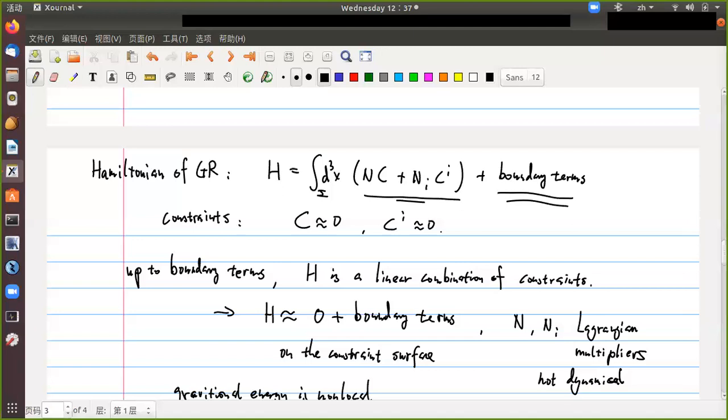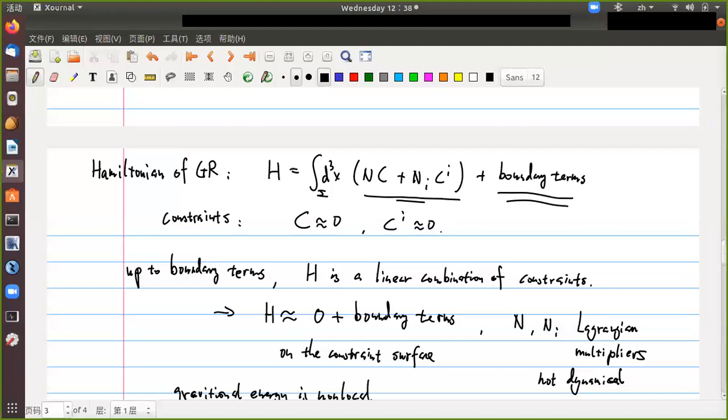The number one difference between gauge symmetry and ordinary symmetry is that gauge symmetry is infinite dimensional, while ordinary symmetry is finite dimensional. So here it is an infinite dimensional symmetry, all kinds of diffeomorphisms, in which time translation is a gauge symmetry.